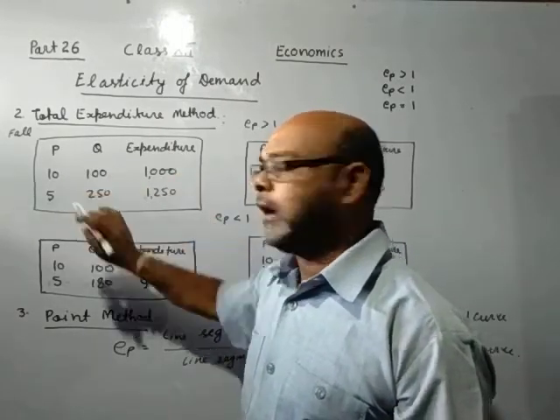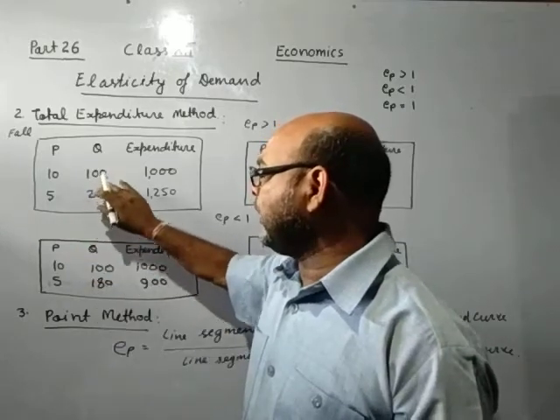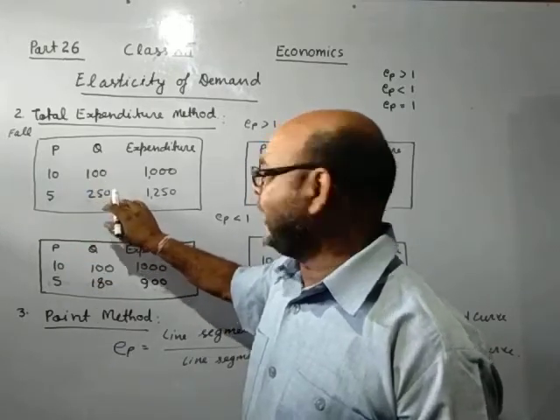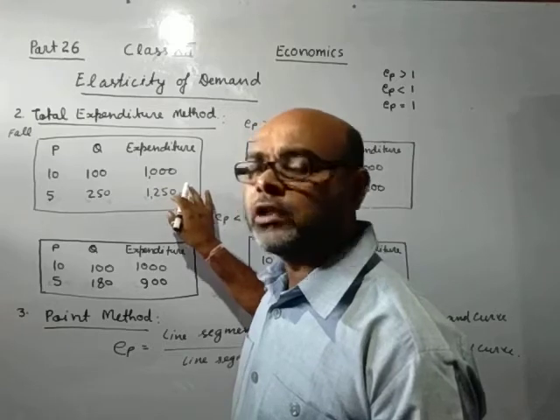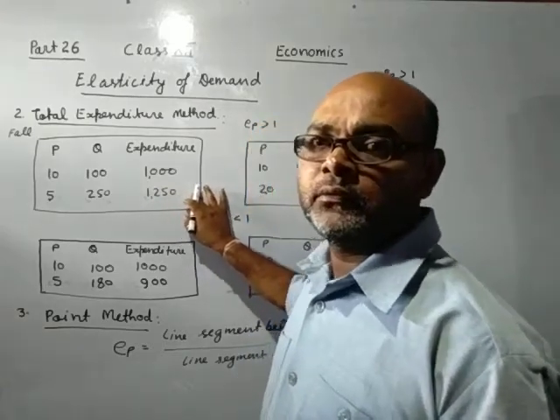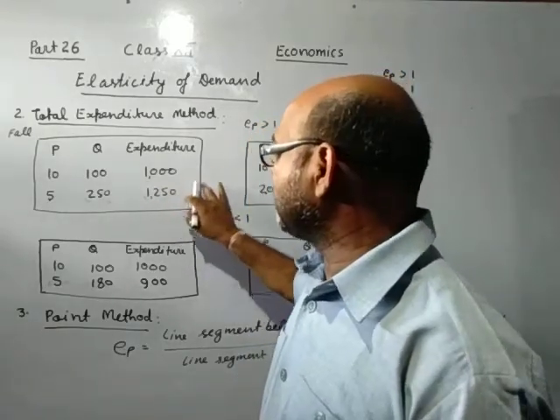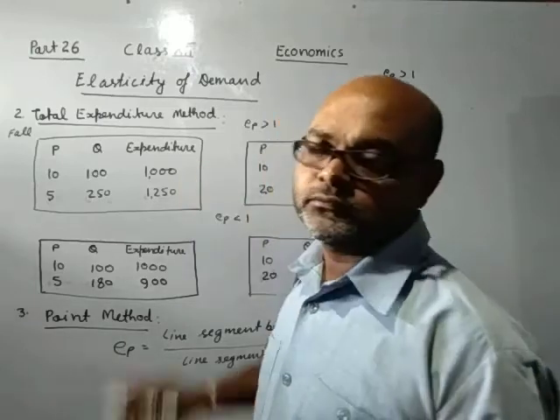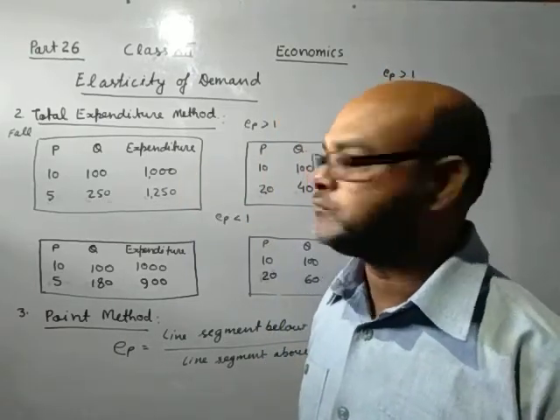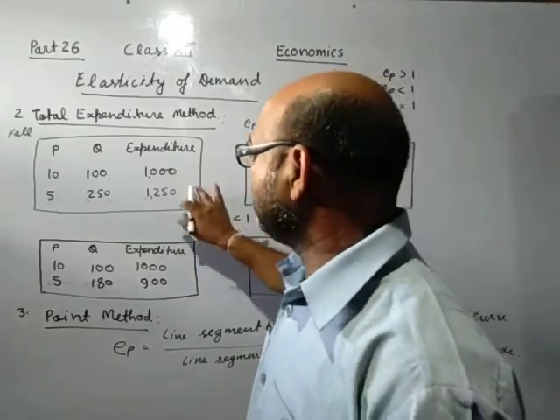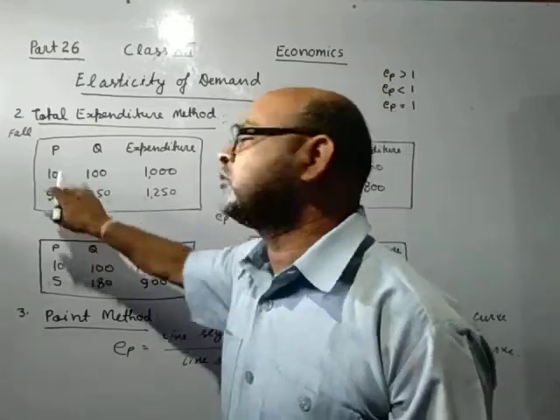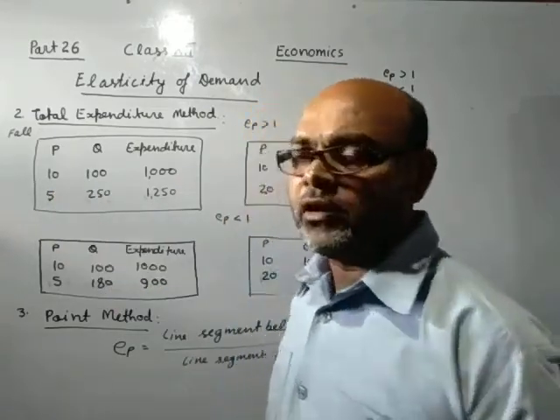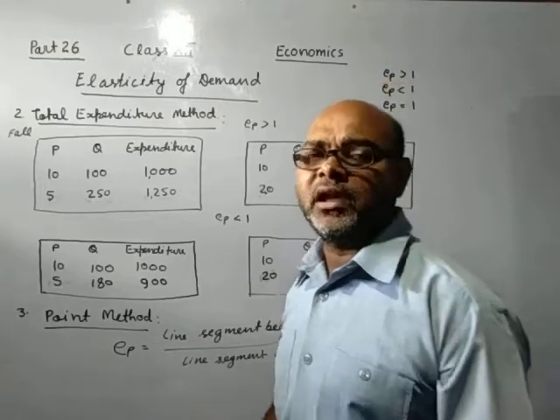Price has reduced to 5 and quantity has become 200, again he will get 1000. So for the shopkeeper there is no change in the situation. That is the reason the firm will not be interested in reducing the price, because he will get the same money.